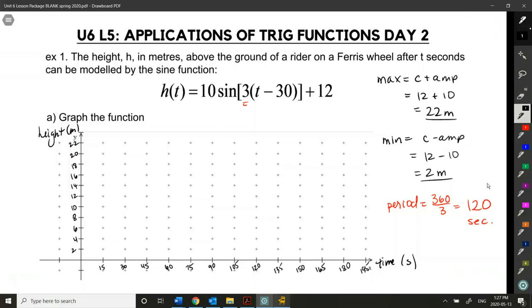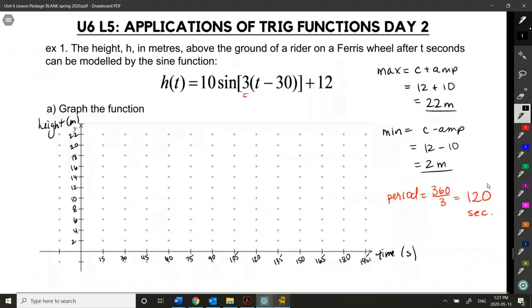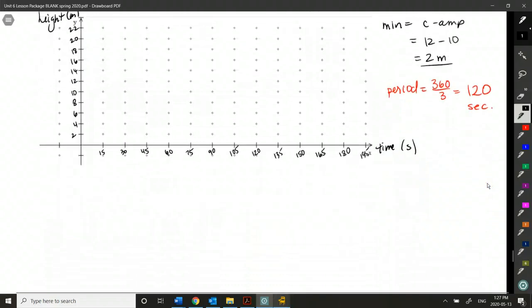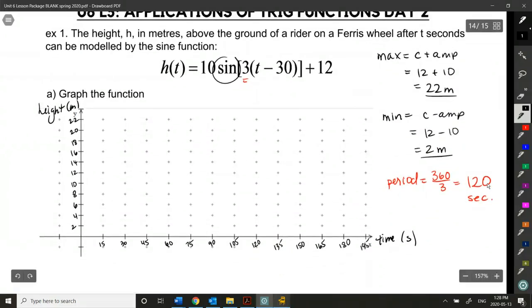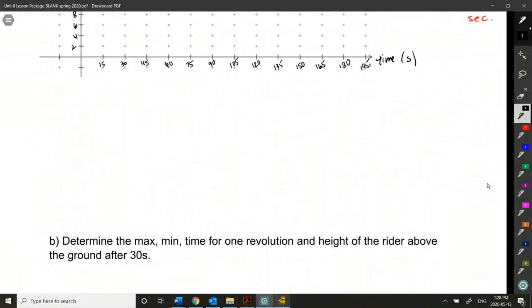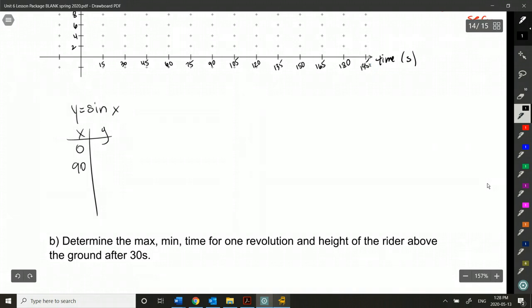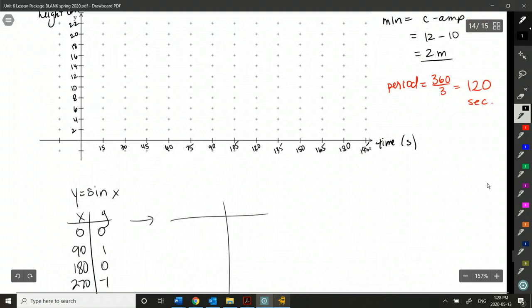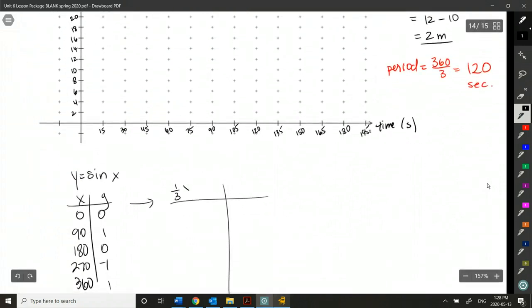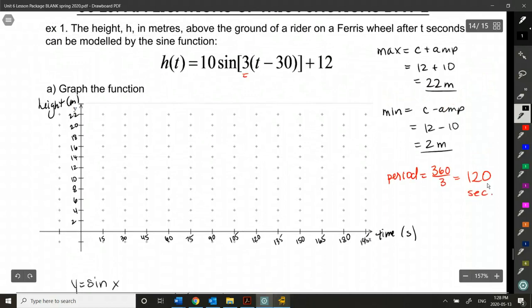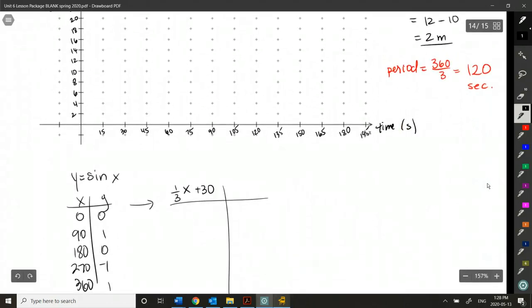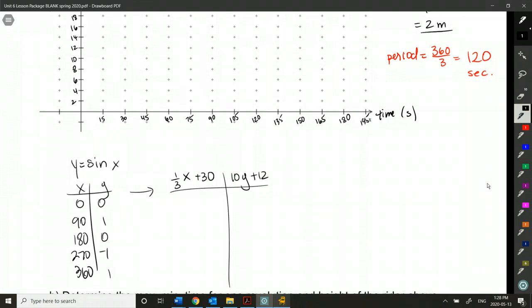If you've got your x and y axis labeled out here, one route we could take to graph this function is certainly taking our parent function y equals sine x, graphing out the parent function points as we have done in previous lessons, and doing transformations. Those transformations would be 1 over k times x plus d, and then 10y plus 12. Then you would essentially take each of those points and do your transformations.